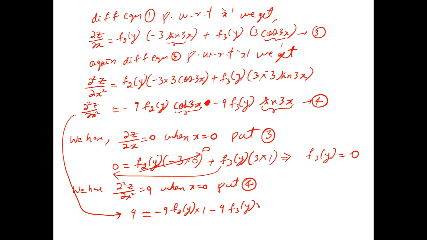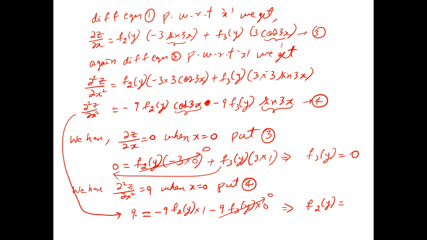Sin 0 is 0. Therefore, please tell me what f2y is equal to. Simplify and tell me. Yes, anybody please tell me what f2y is equal to. Just try. What is f2y? See, this is 0, then this full term will become 0.